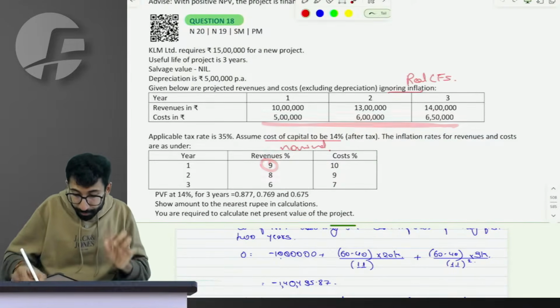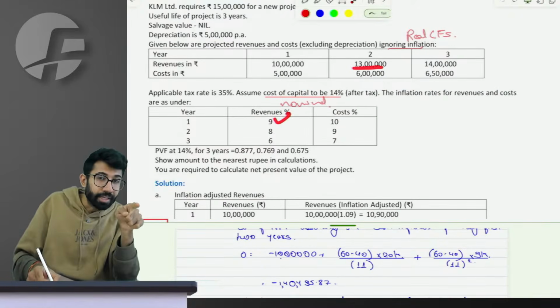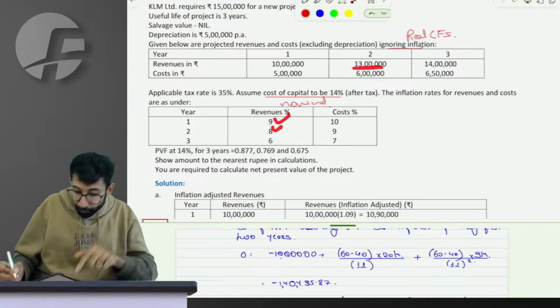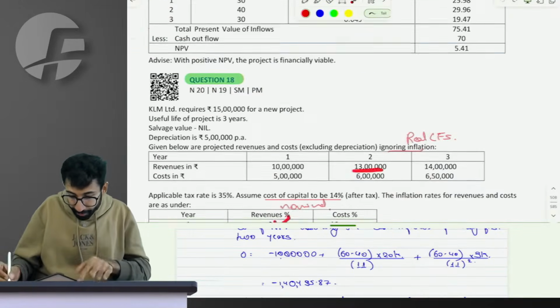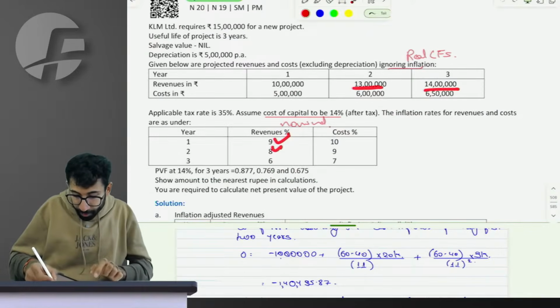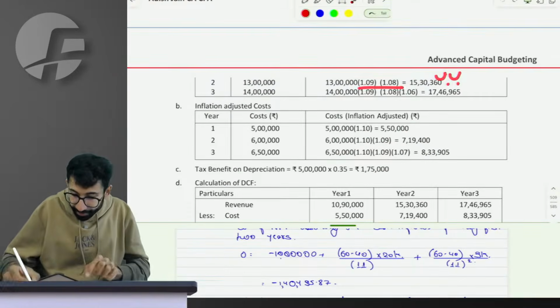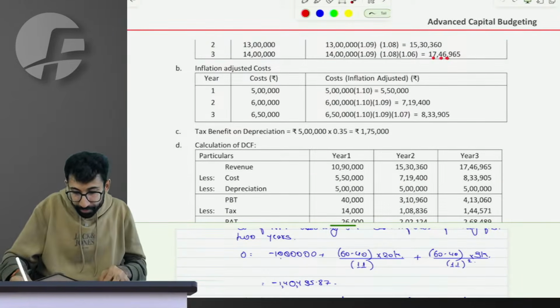Second year cash flow, observe, 13 lakh into 1.09, inflating it by 1 year, into 1.08, inflating it for the second year, will give me the nominal cash flow of the second year. Similarly, 14 lakhs into 1.09, 1.08 and 1.06, inflating it for 3 years.